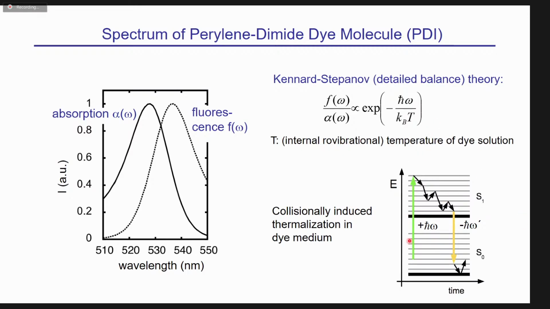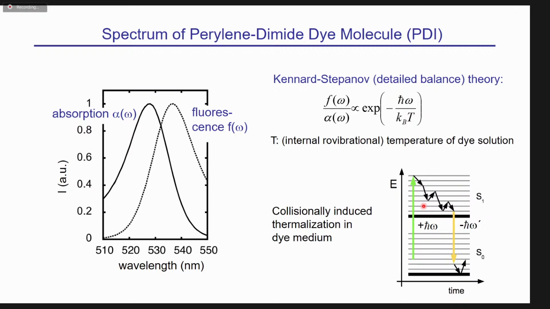This here is a simplified model of a dye molecule with an electronic ground state and an electronically excited state, and on top of it, all these rovibrational levels. Now it turns out that every 10 to the minus 14 seconds or so, a solvent molecule collides with the dye.